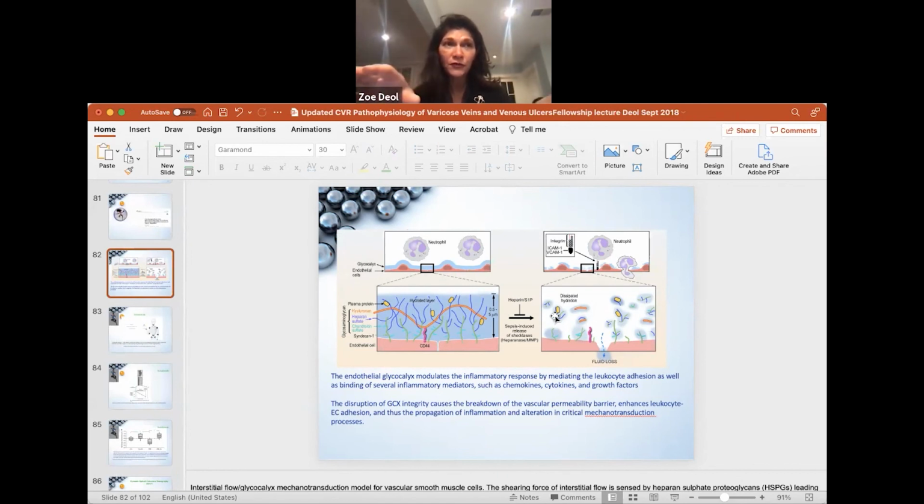So the Starling principle, when you talk about the transition of fluid from the arterial side from osmotic pressure into the interstitium, the glycocalyx will allow that one-way transfer out, but it will not allow the transfer back into the venules.